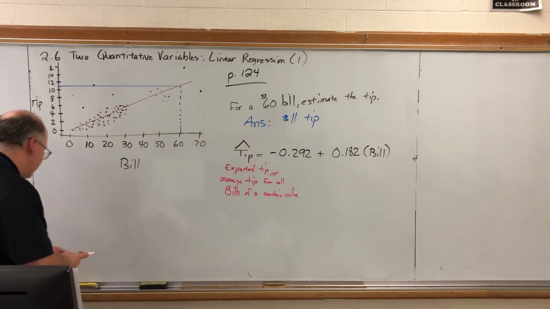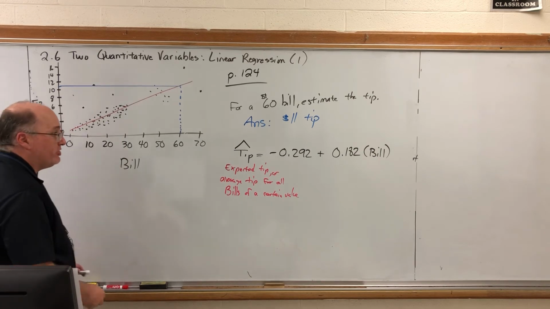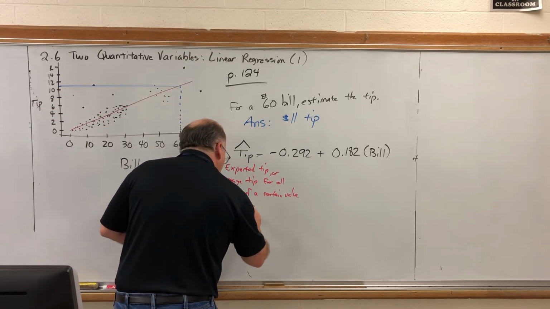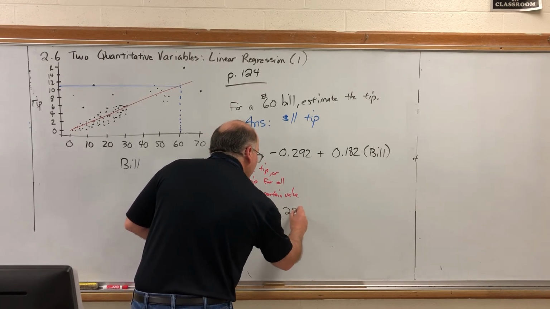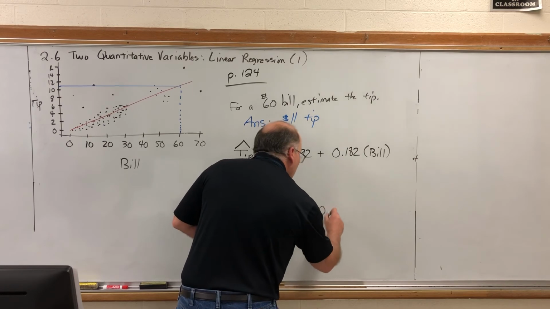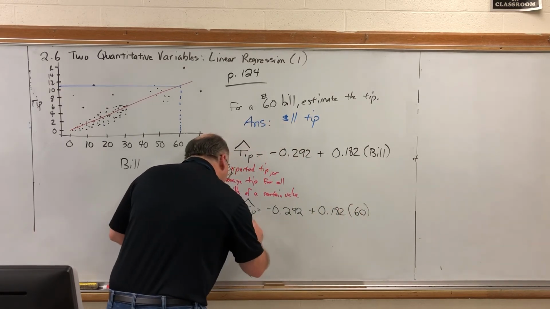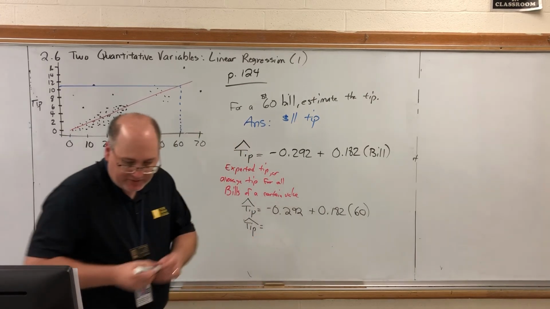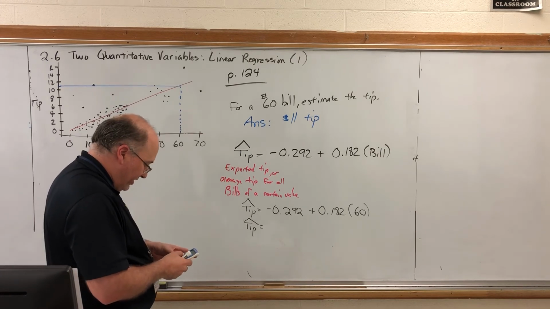For example, let's say we use this equation and we put in the 60 where the bill is. Well, if we put the 60 where the bill is, then we would have an expected tip or a predicted tip of negative 0.292 plus 0.182 times 60. And if we get out a calculator, although technically speaking this arithmetic could be done by hand, but I'm not going to waste our time doing that.